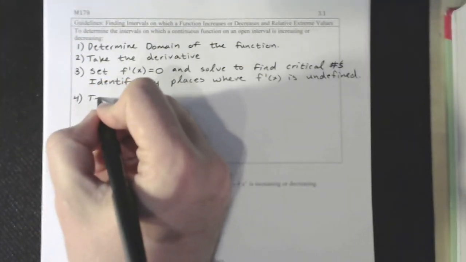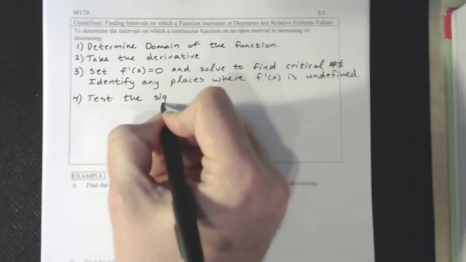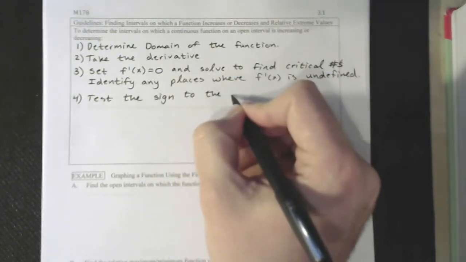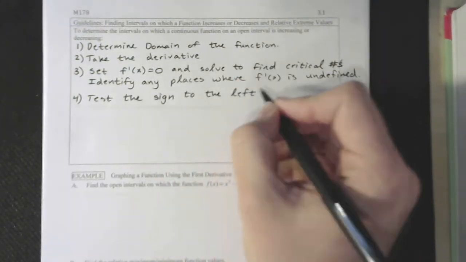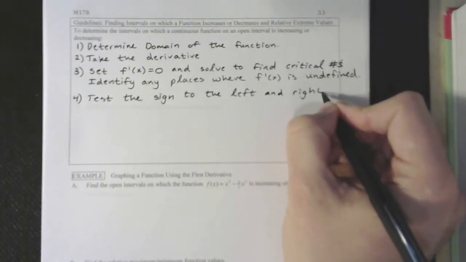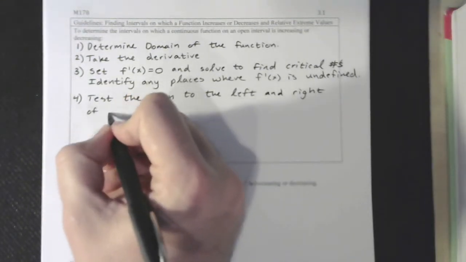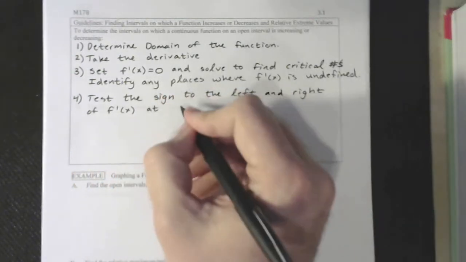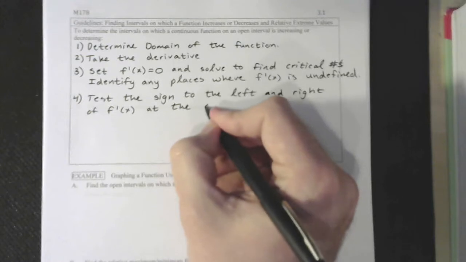Then we're going to test the sign to the left and right of f prime of x at the critical numbers.